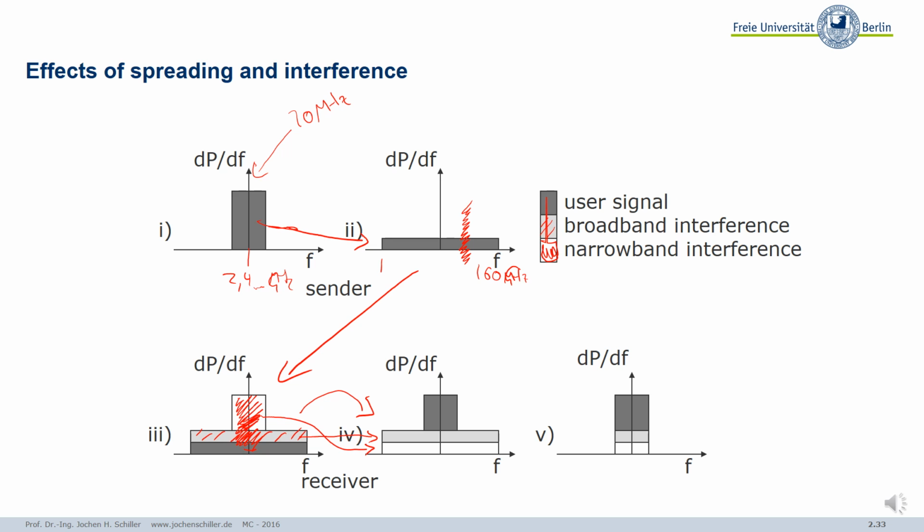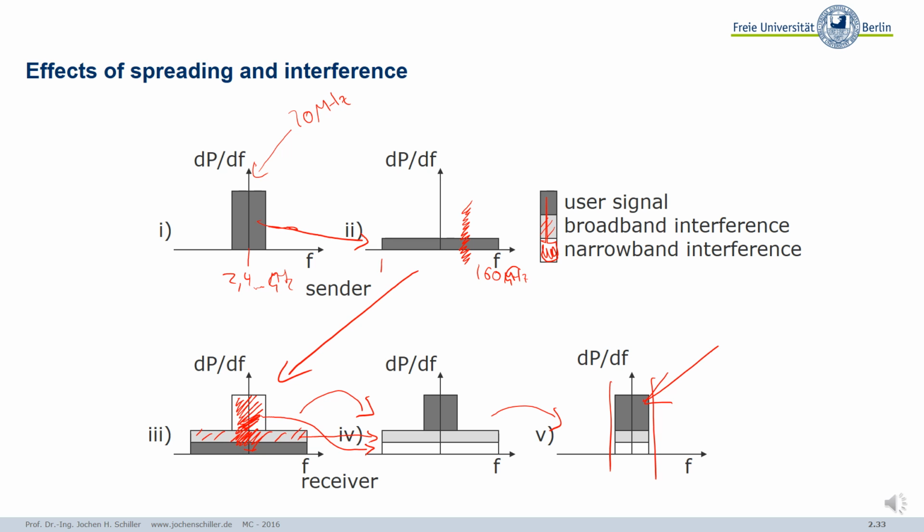Then the next step is you use something called a band pass, a filter that cuts off certain frequencies. So what remains is a narrowband signal composed of the original user signal plus a fraction of the broadband and the narrowband interference. And now the hope is, if the interference is not too strong, you have enough energy left in this dark area to reconstruct the original data.